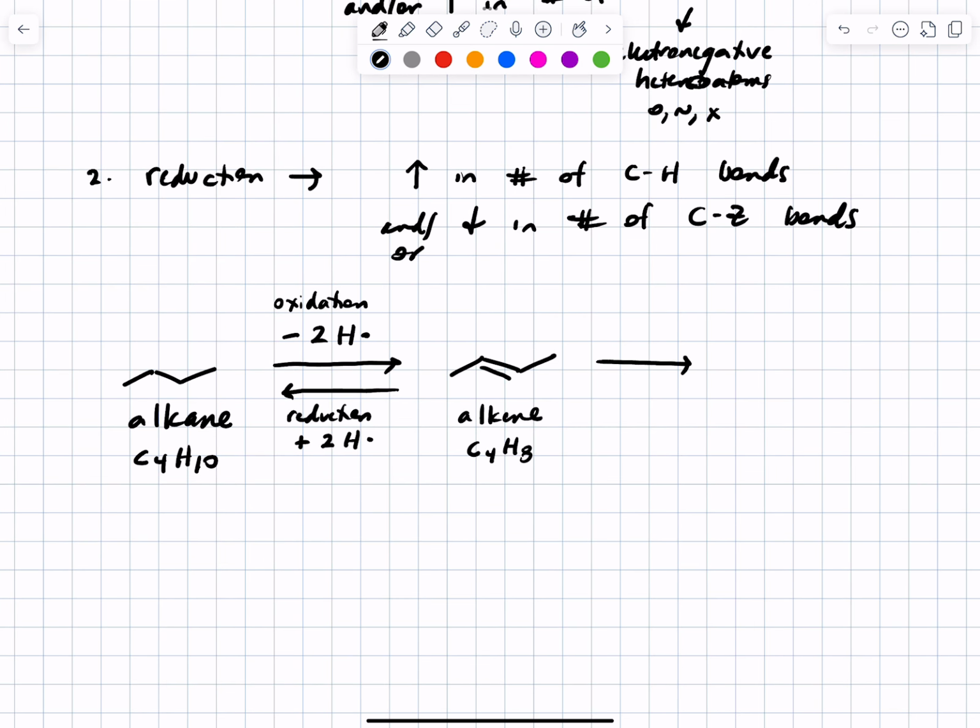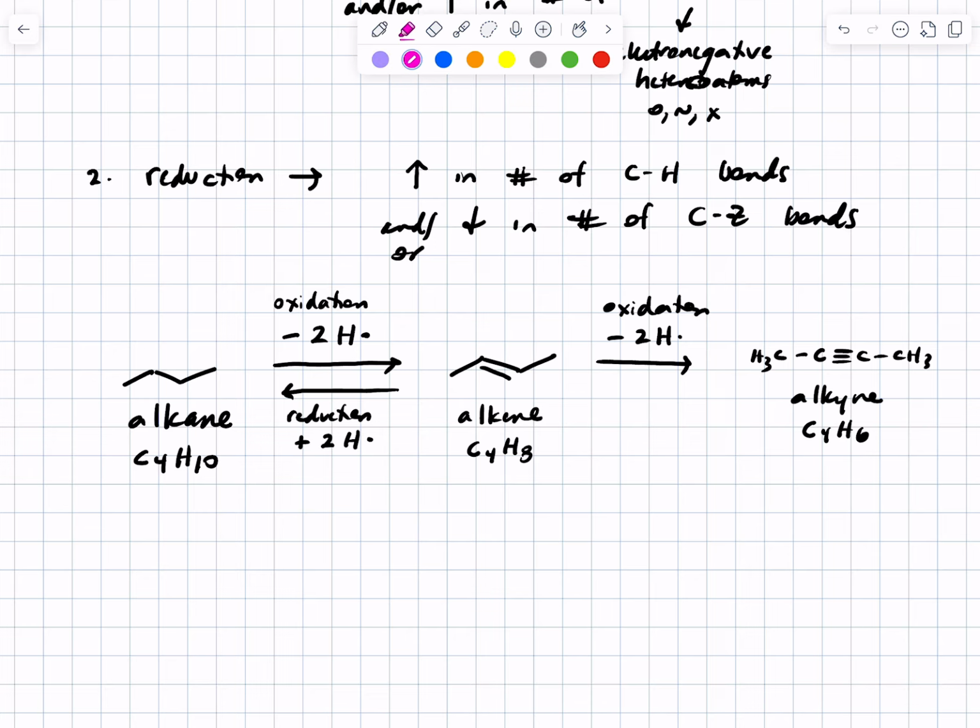Similarly, if you take the molecule with the carbon-carbon double bond, and you remove two other hydrogens from it, you can get the alkyne, which has a formula C4H6. And you can see both times we're losing two hydrogens, okay?